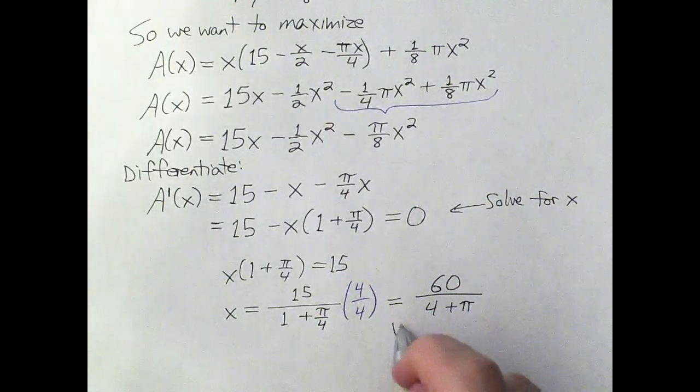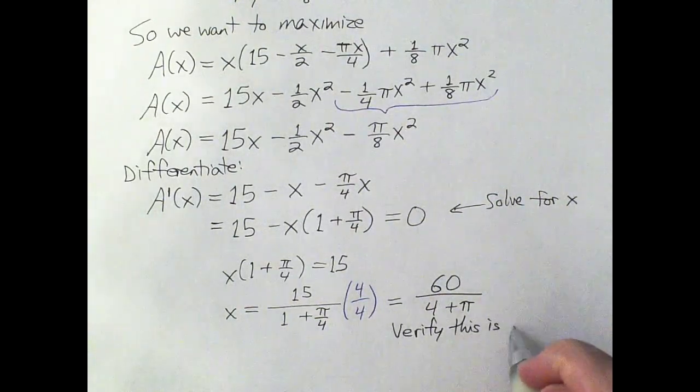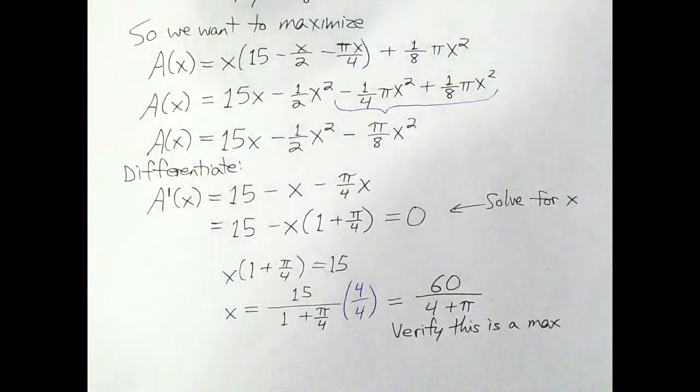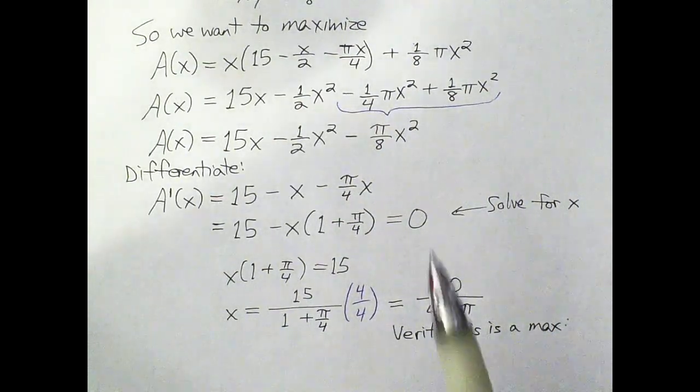Okay, we want to verify this is where a maximum occurs. So again, we're in this situation where we want to estimate what this number is. I'm glad I simplified it because I could work with this.